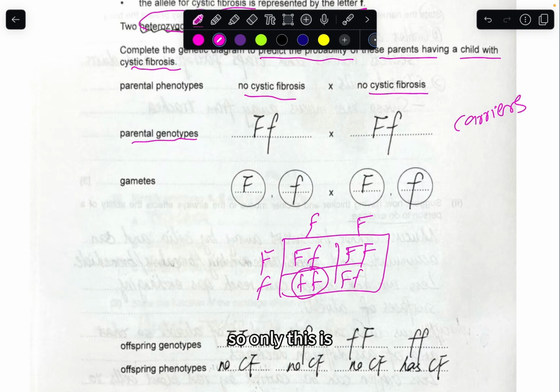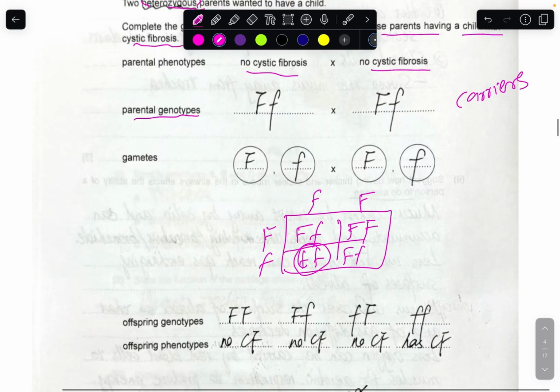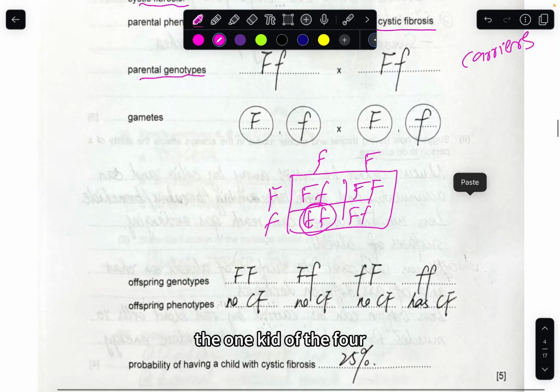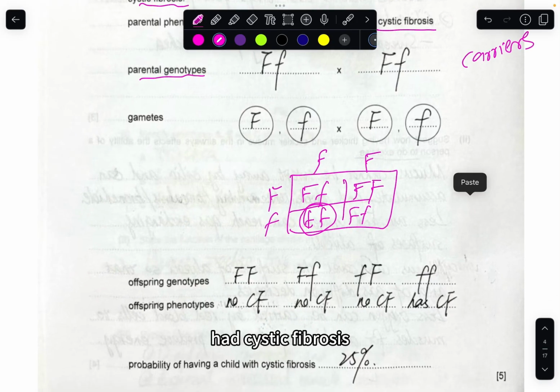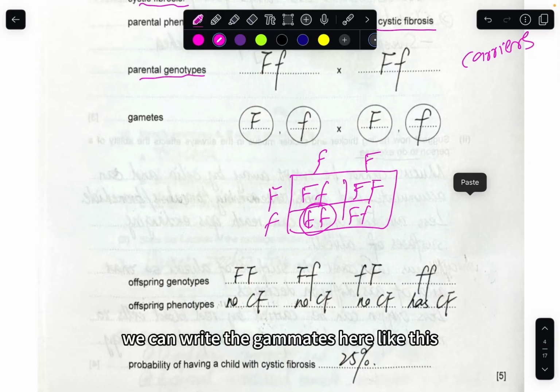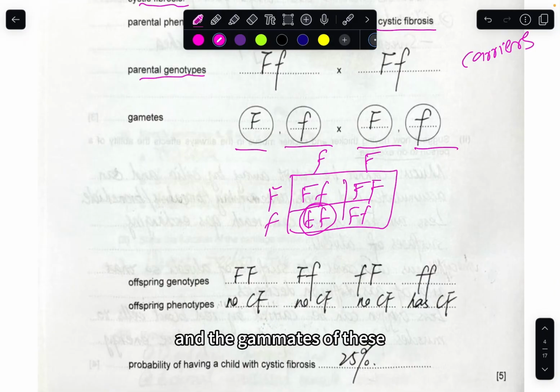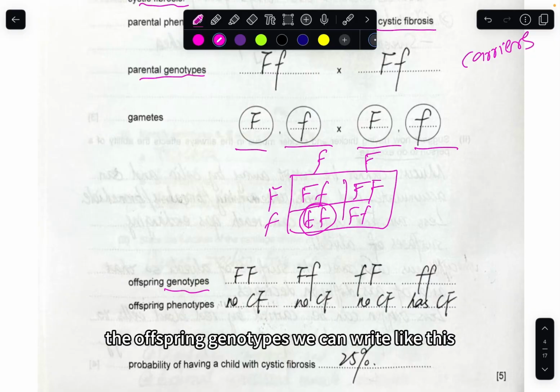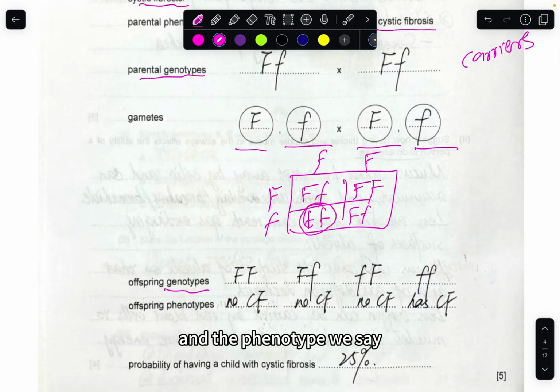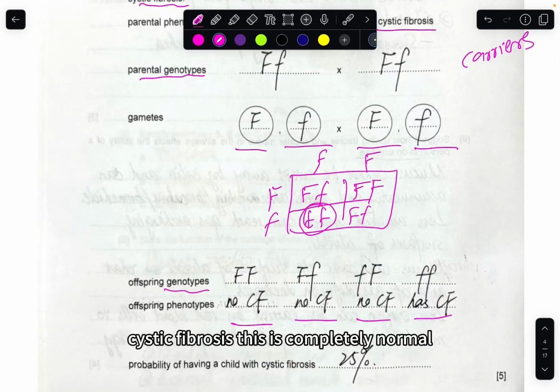So only this one, one kid out of 4, has cystic fibrosis. We can write the gametes here like this, and the offspring genotypes we can write like this, and for their phenotype, we say 3 out of 4 have no cystic fibrosis.